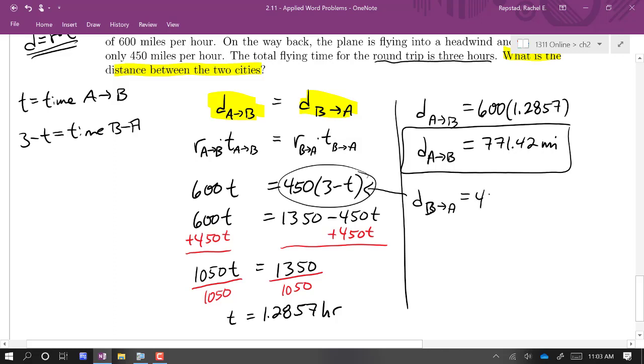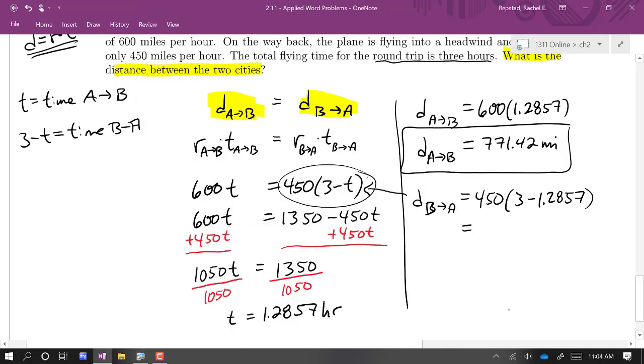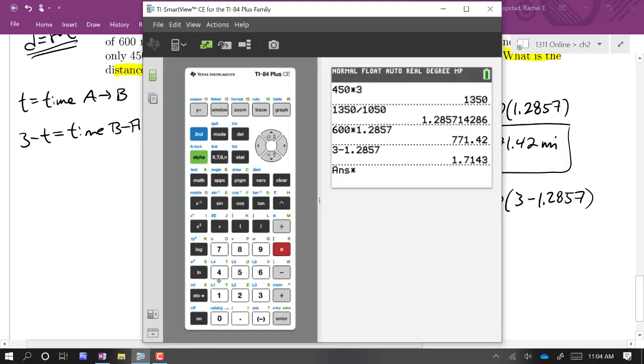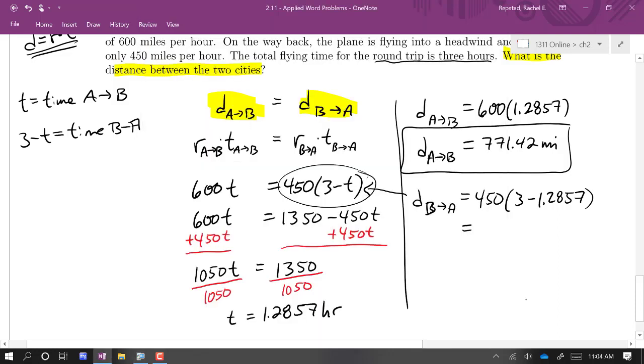So 450 times 3 minus 1.2857, times 450. That's 771.435. Very, very close. So these check out.